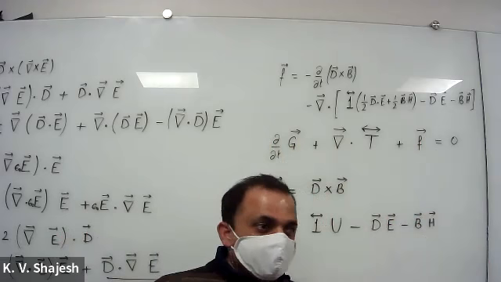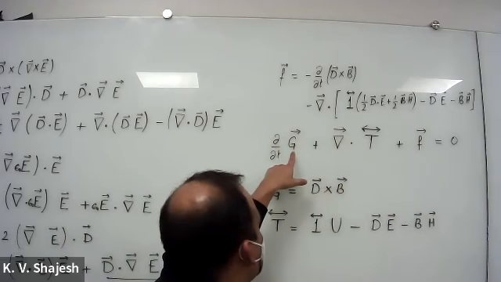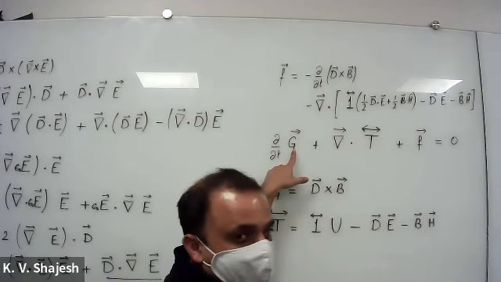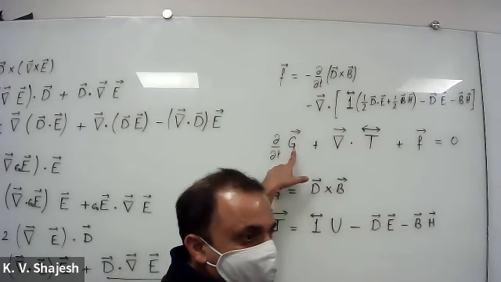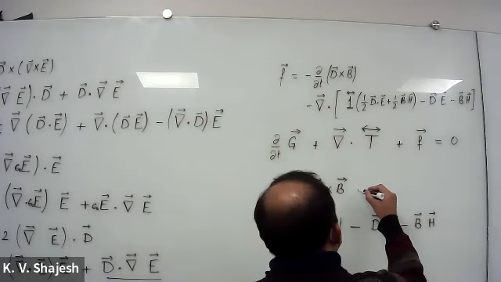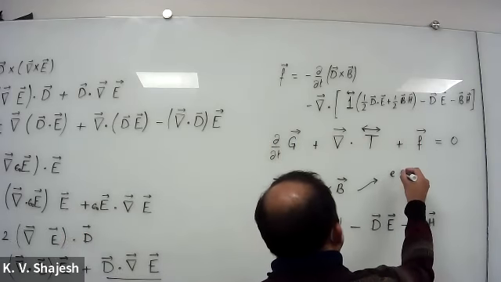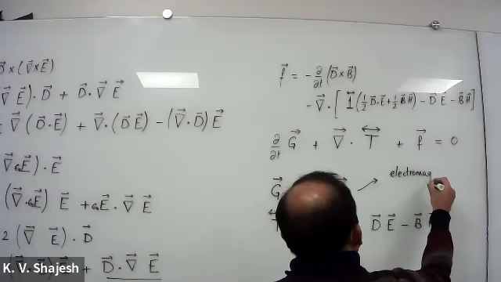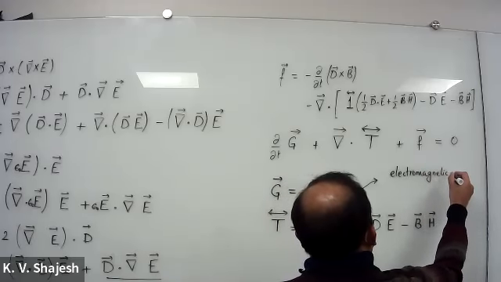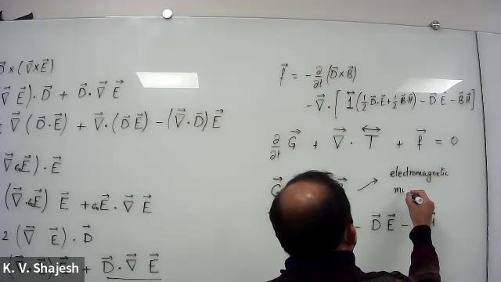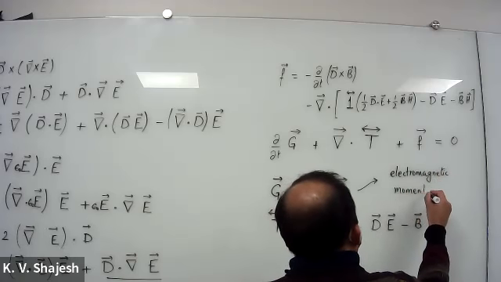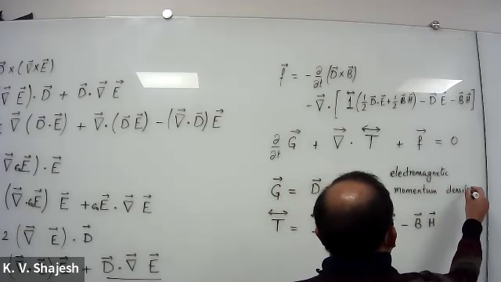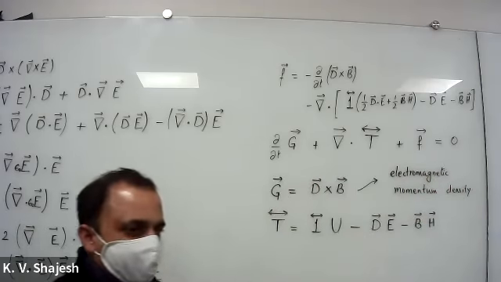The time derivative of momentum is a force. That means if this is force density, this can be interpreted as a momentum density. So this will be interpreted as electromagnetic momentum density, which is a vector G.